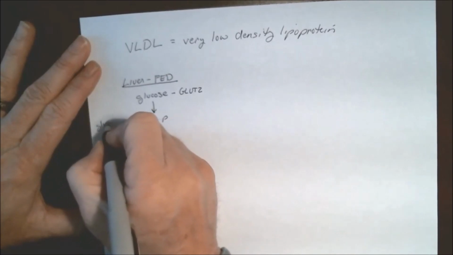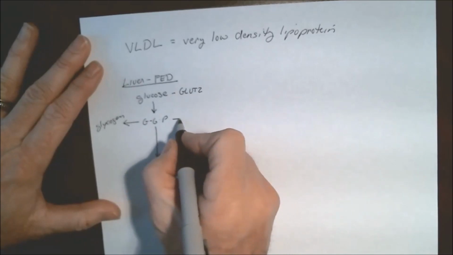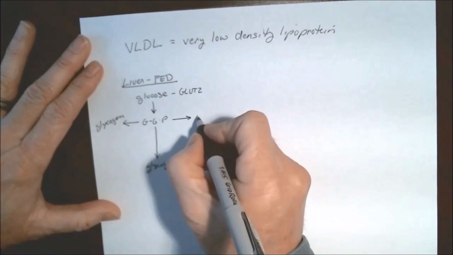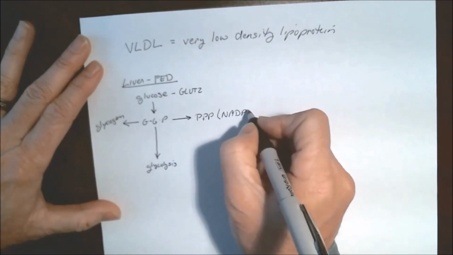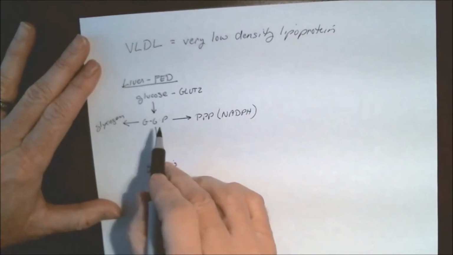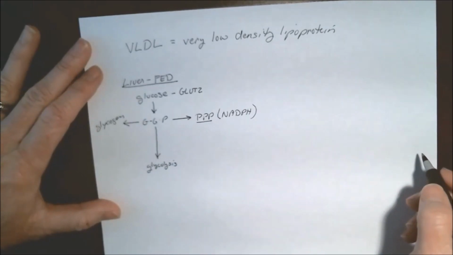We will be filling our glycogen stores in the fed state, and if we need biosynthetic reducing power in the form of NADPH, we will be shunting some of the glucose 6-phosphate into the pentose phosphate pathway.